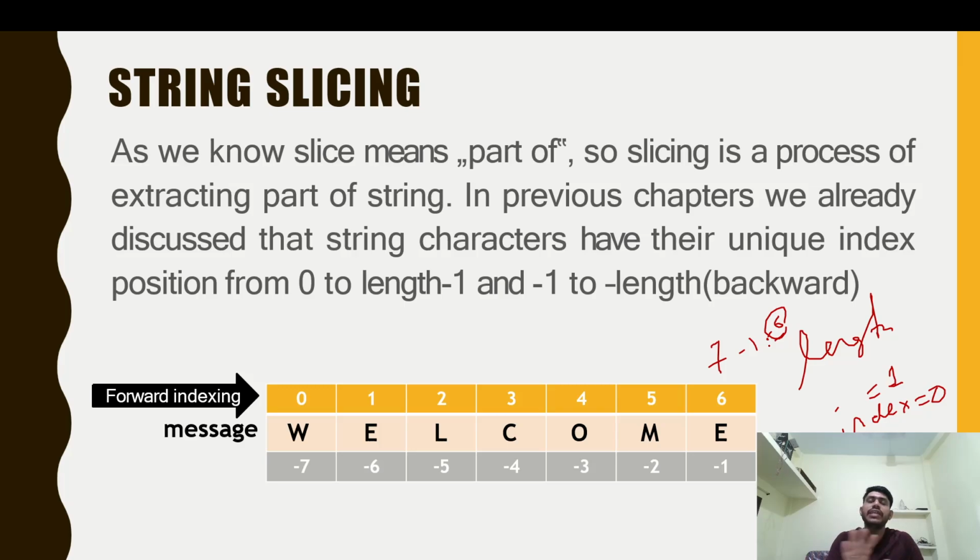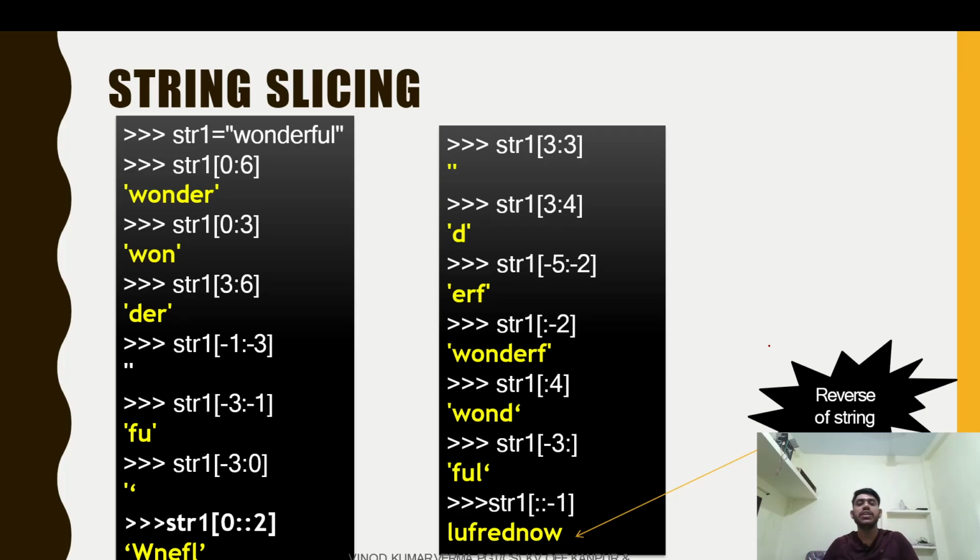So, from this welcome we can extract. We do not need all the string at a time. We need some part of the string, and that is called string slicing. So, how can we do string slicing? Let me show you here. You can see string1 equal to wonderful. Then the starting index and ending index. When there are two parameters, suppose 0 and 6. In the first example, you can see they are having 0 to 6.